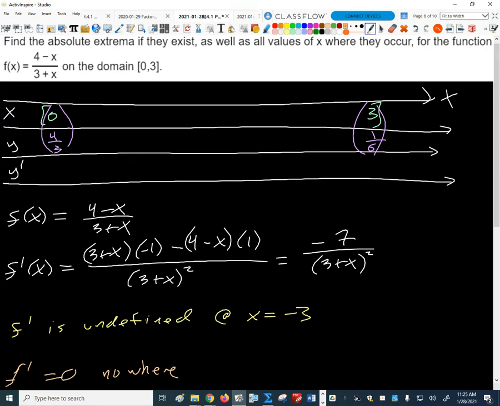The lowest value of this function on our closed interval from 0 to 3 occurs at what x value? Good, I'm seeing some 3s. And the absolute maximum occurs at 0. Did we miss any? Is there a possibility there could have been some values in between that were higher or lower than those?